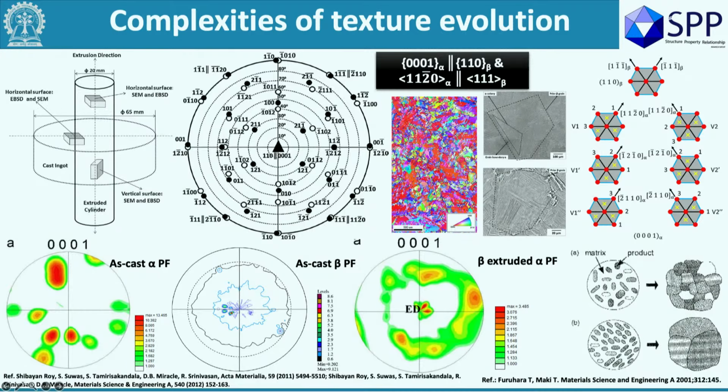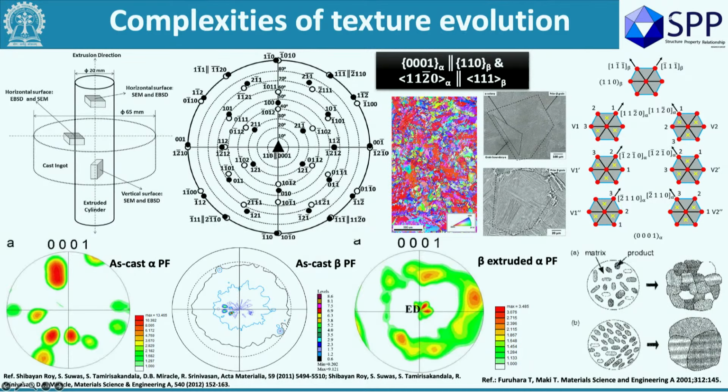If these two phases follow this relationship, then only the transformation will have minimum energy. So these are all variants. These different colors are basically the alpha variants coming out of beta.